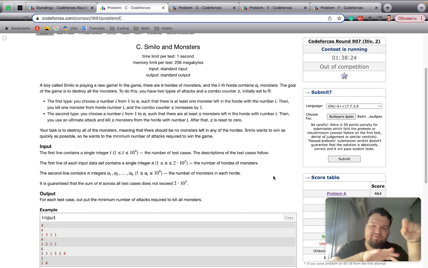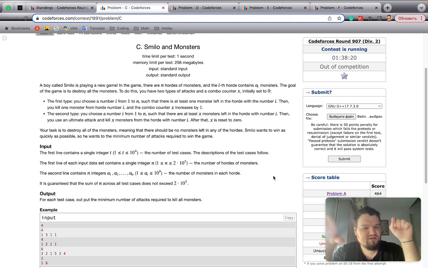So we spend attacks of the first type on low HP monsters, and then with one combo attack we kill the highest HP monster, and so on.